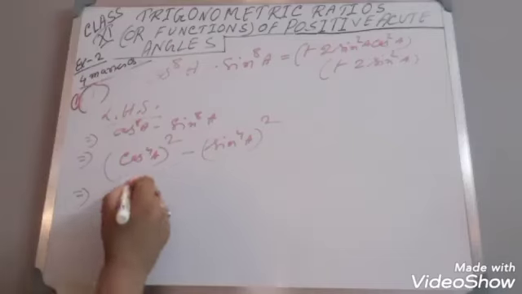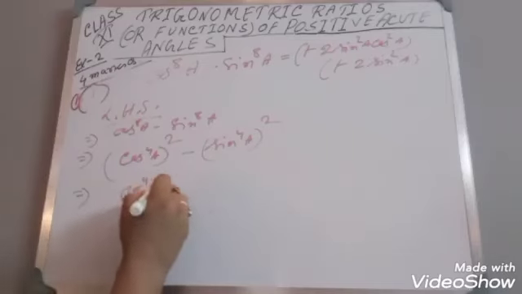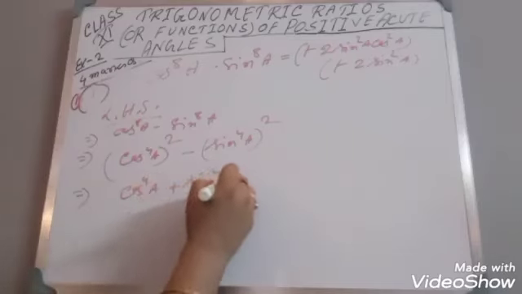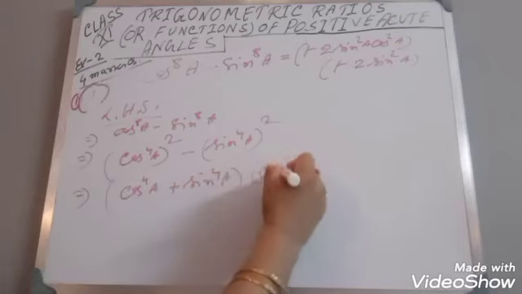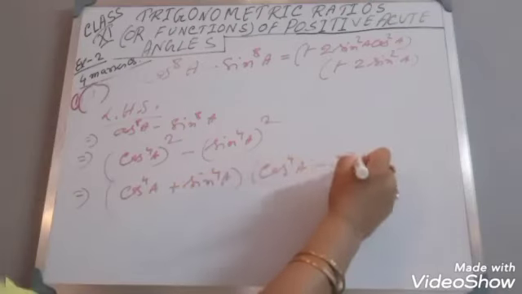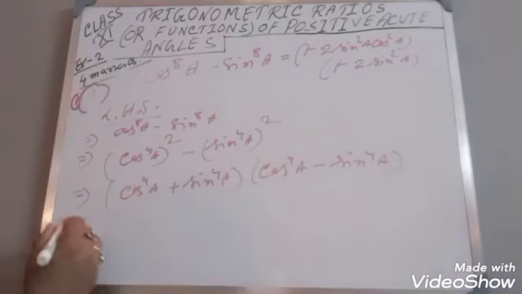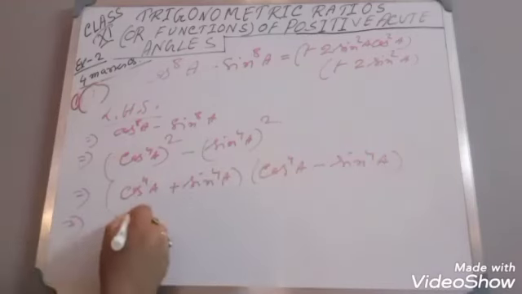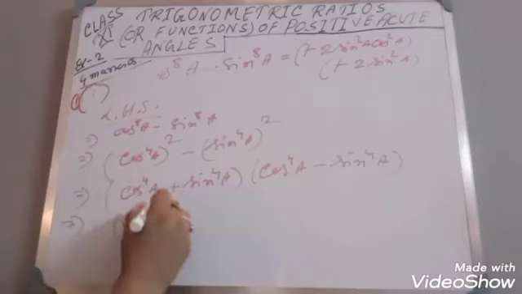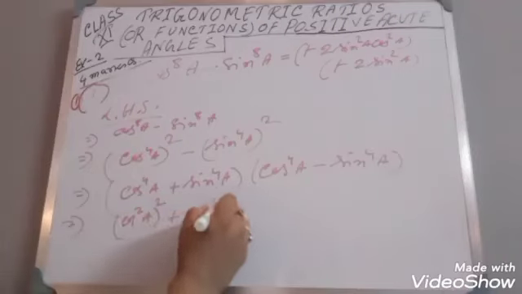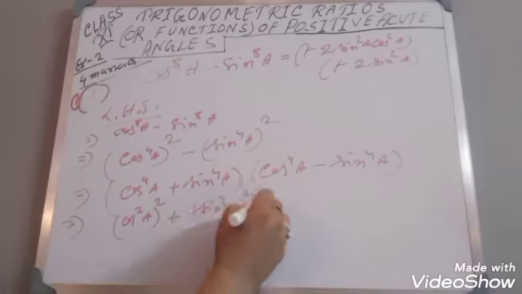So what we will write? Cos to the power 4a plus sin to the power 4a into cos to the power 4a minus sin to the power 4a. Okay. Now this part is coming again, cos square a whole square and sin square a whole square.